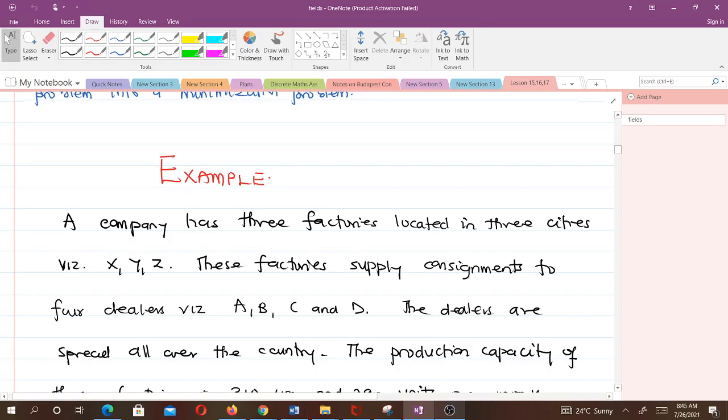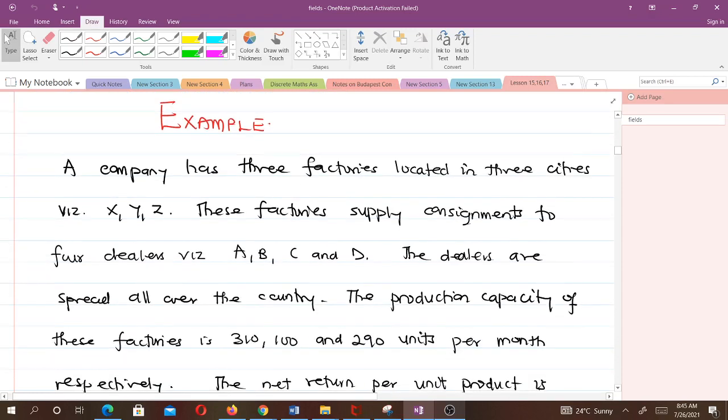As we learn that with this example, it says a company has three factories located in three cities, X, Y, Z. These factories supply consignments to four dealers, A, B, C, D. The dealers are spread all over the country. And the production capacity of these factories is 310, 100, and 290 units per month, respectively.